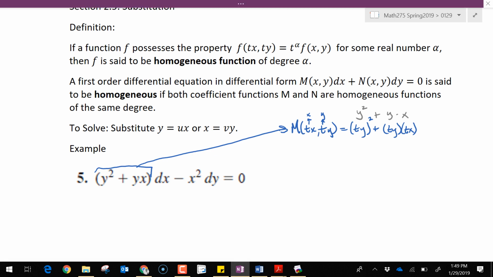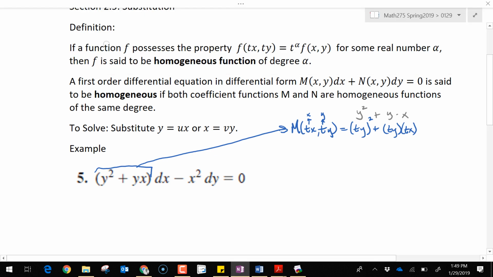Now, algebra tells me that I'm going to get t squared y squared plus t squared yx. So I can factor out a t squared, t squared times y squared plus yx. So it's homogeneous where alpha is equal to 2, at least for the first one.